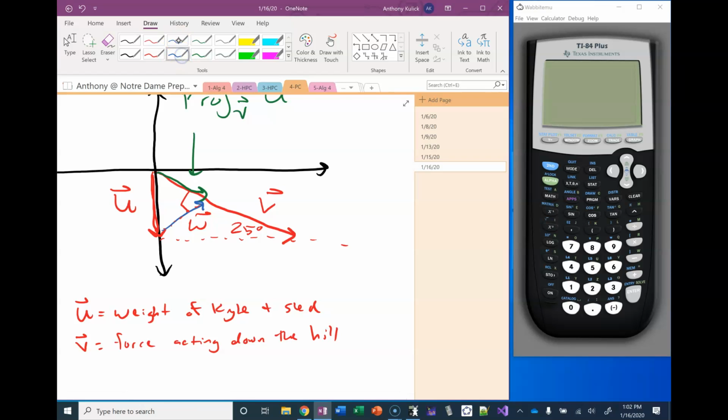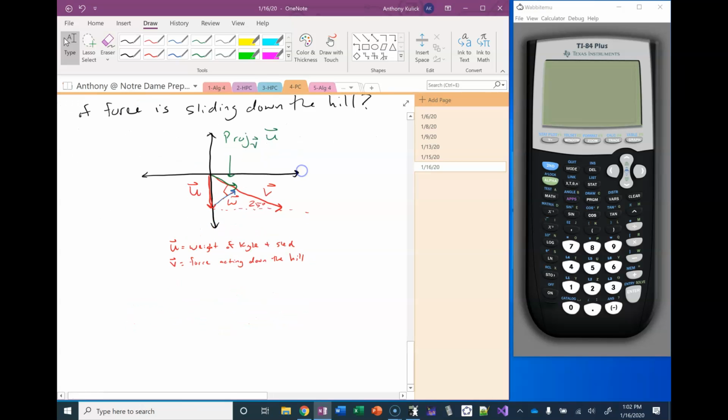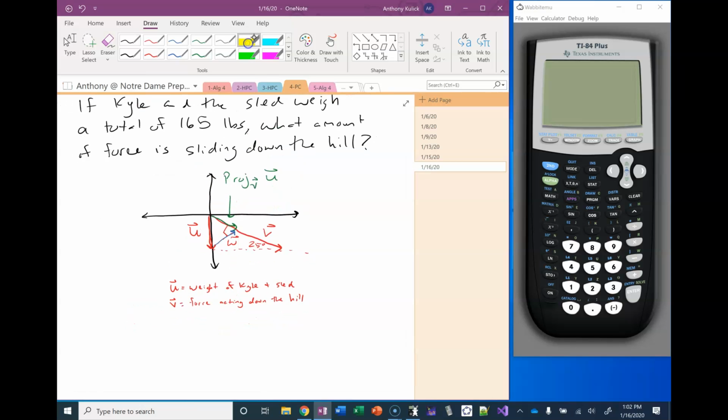So in this problem, we're asking for what amount of force is sliding down the hill. Notice in this problem, it's not asking about a direction at all. All it wants is the amount of force, right?